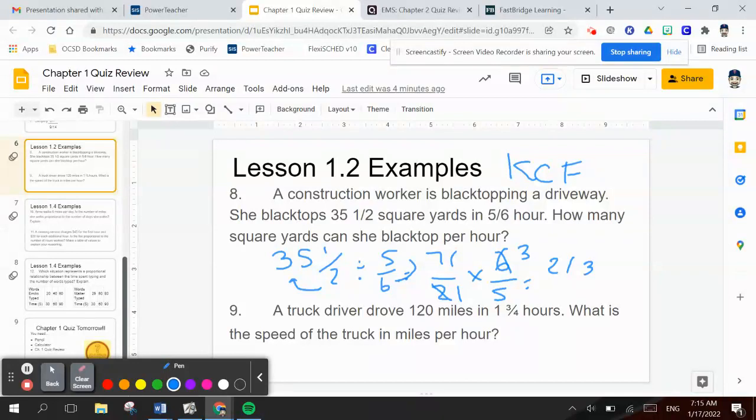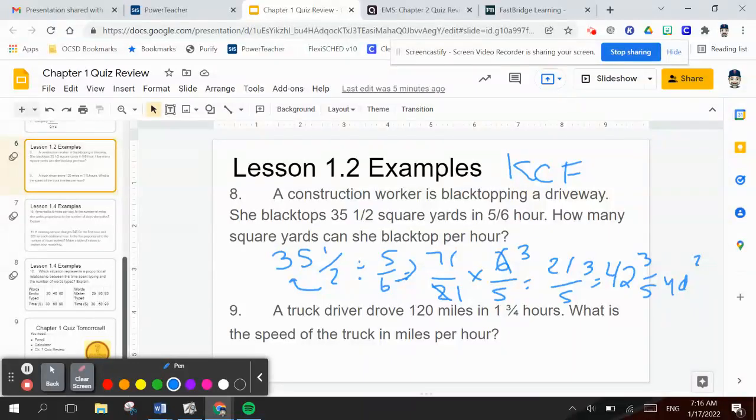And we're going to divide that by 5, which is 42 and 3/5 yards squared. Because 5/6 is not quite an hour, so it had to be more that they could have done in an hour.